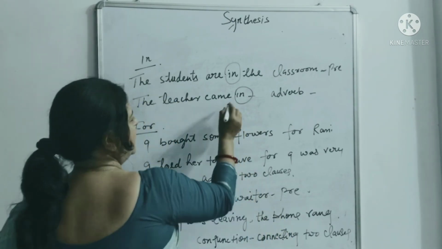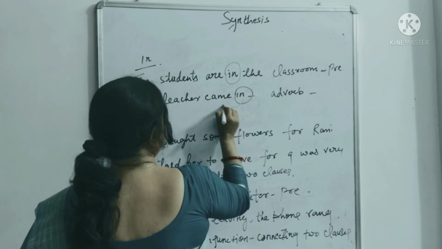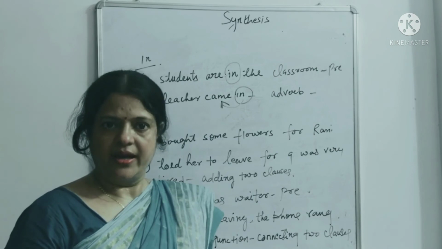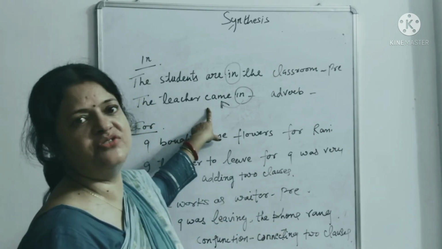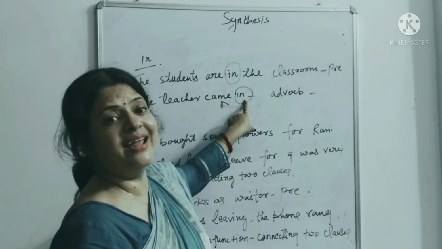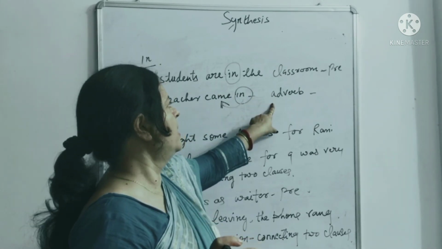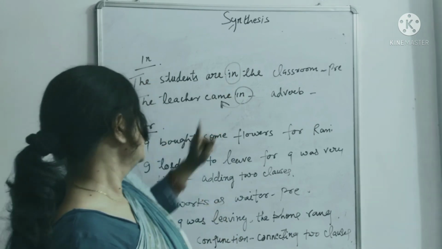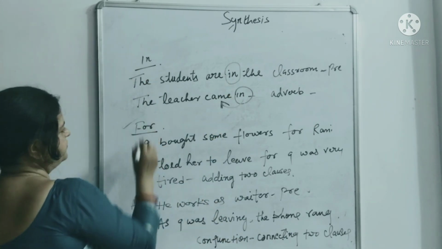But this in is telling about this verb came. Understand? So this in is working as an adverb, and the earlier in is working as a preposition. Remember.